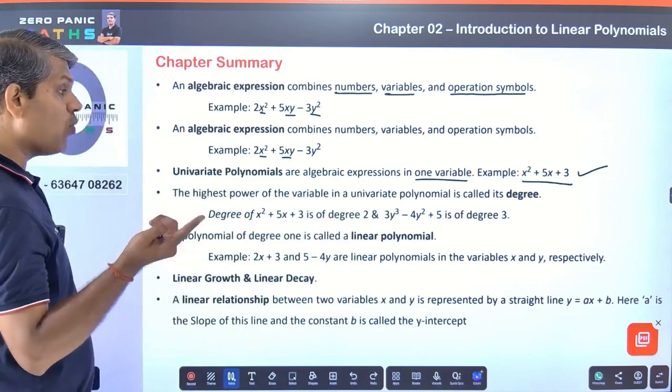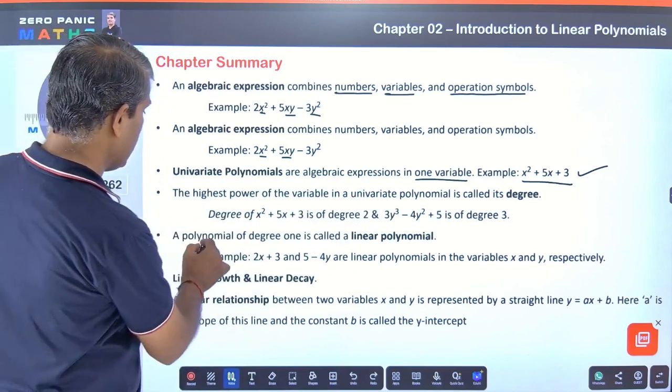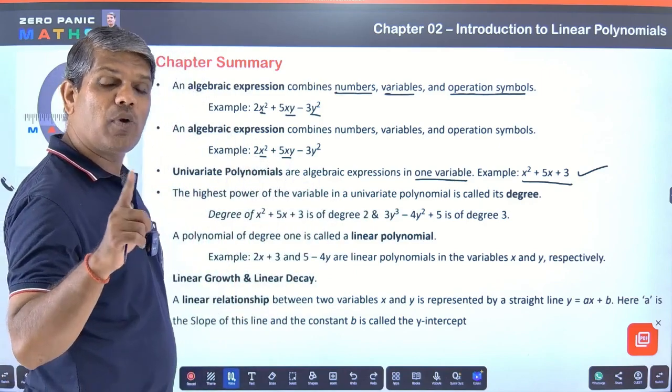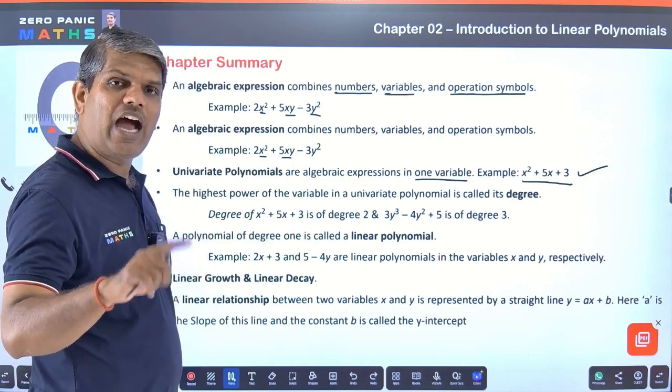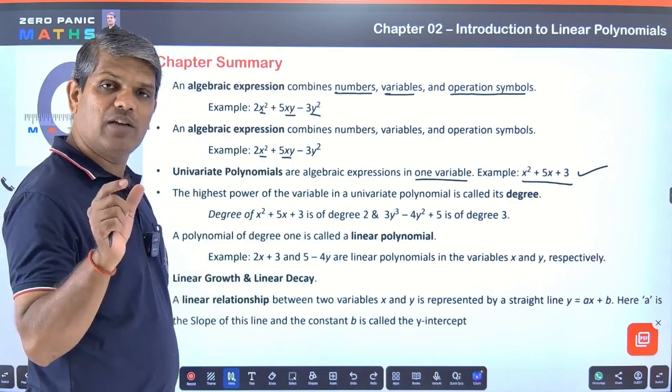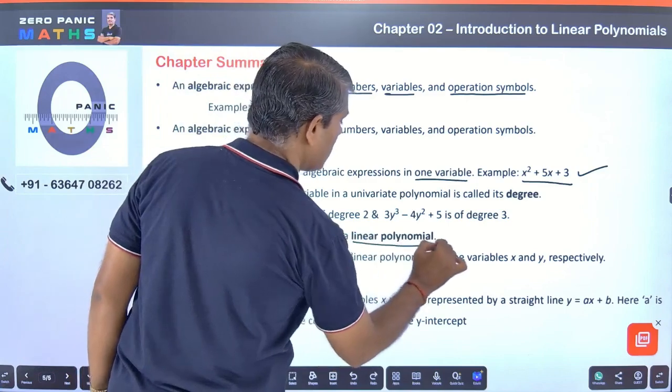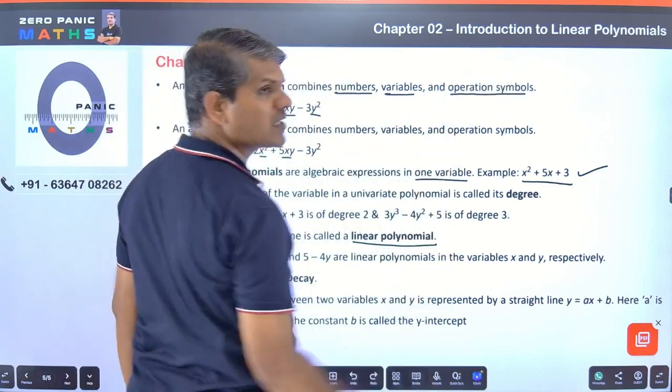Now what is a linear polynomial specifically? It is a polynomial of degree 1. First of all it is a univariate polynomial, and the highest power of that variable should be 1 in that case. Such a polynomial is called a linear polynomial, and that is the point of discussion in this chapter.